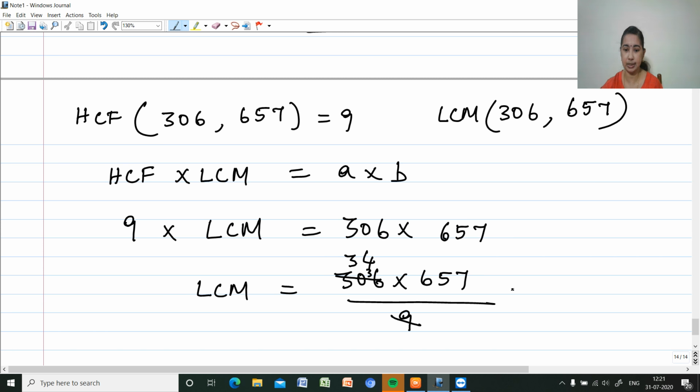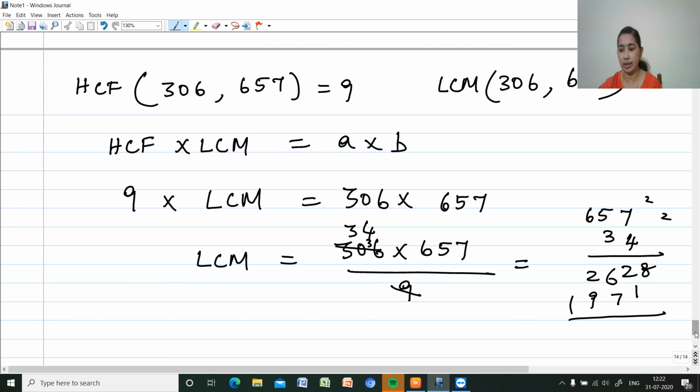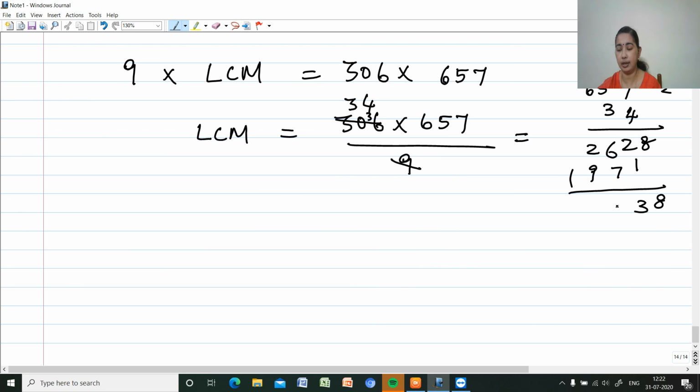That is multiply 657 into 34. 7 4s are 28, 2, 20, 22, 24, 26. Then again 1, 15, 17, 18, 19. So the answer will be 22,338. So LCM is equal to 22,338.